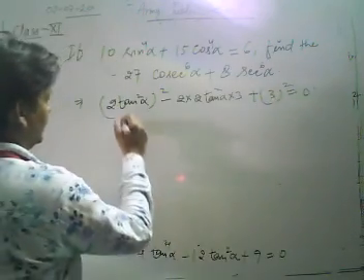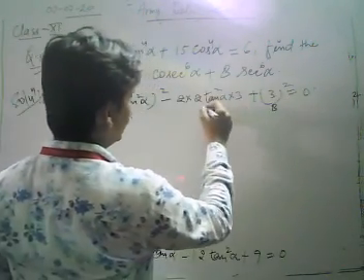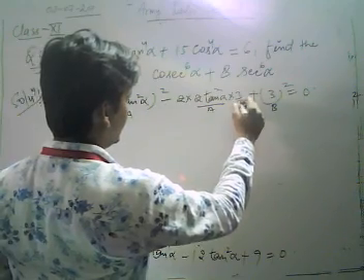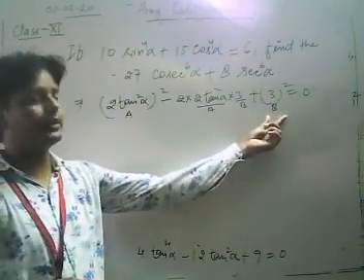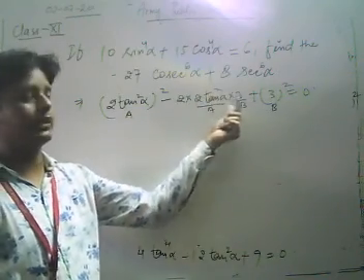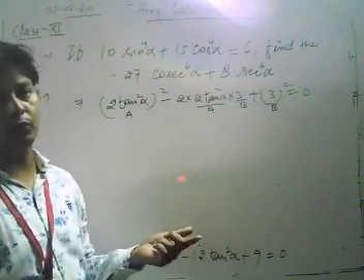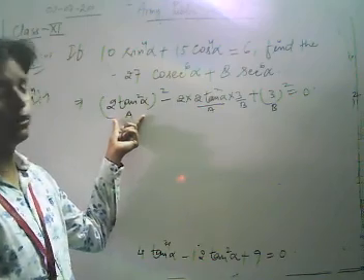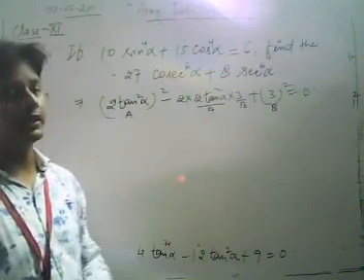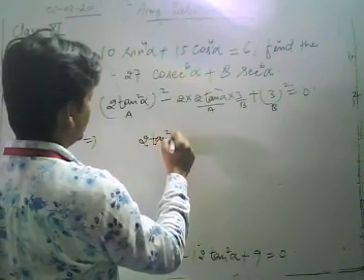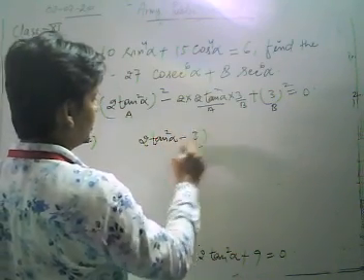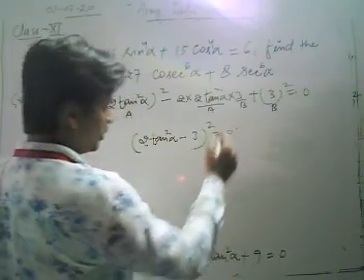Now, that's a b, so we get a square plus b square minus 2ab, which is a minus b whole square. Here a means 2 tan square alpha, b means 3, so a minus b, that is 2 tan square alpha minus 3 whole square is equal to 0.